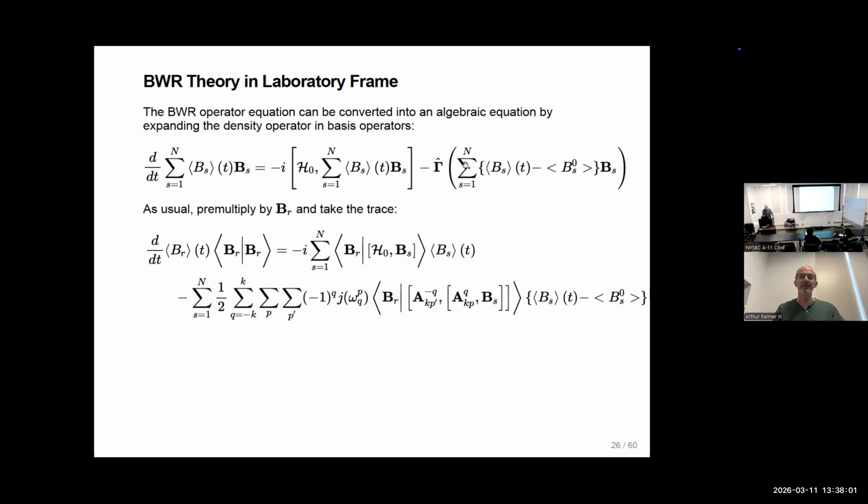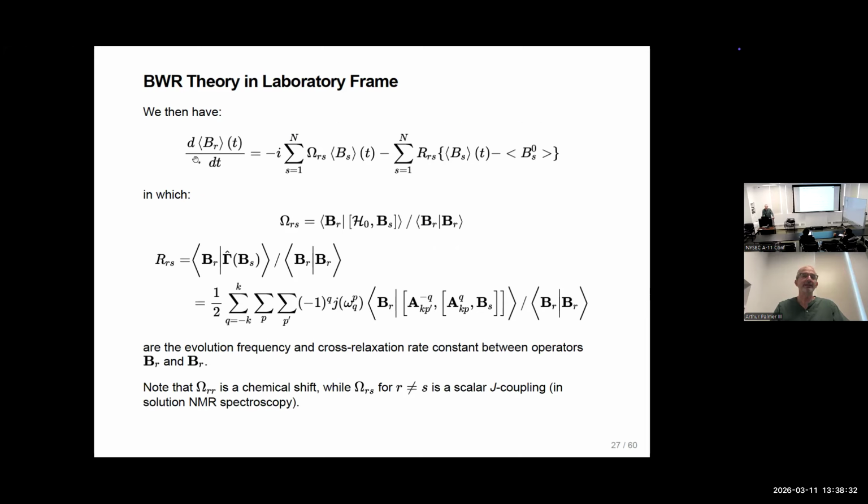I do the same thing here. I do the same thing here. Again, we pre-multiply and take the trace. So on this side, the summation is going to collapse because of the orthogonality of the basis functions. And then here, we're going to end up with some trace operation that we have to do.